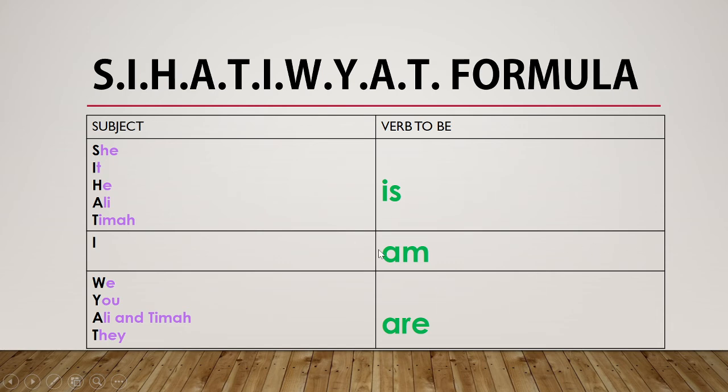And definitely the verb to be "am" will only be used with the subject "I". Meaning I and then a blank, a farmer, for example. You won't say "I is a farmer". You won't say "I are a farmer", but you will say "I am a farmer". Alright?